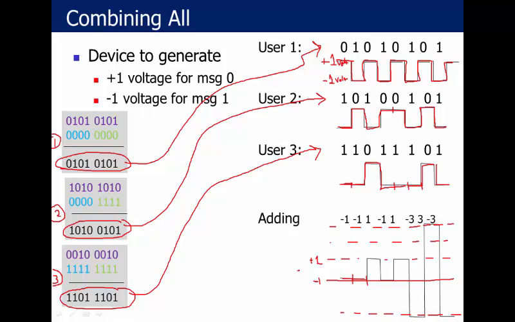So 0 is here. This is a 0 volt. So one below and one below, one up, so 1 volt, and negative 1, positive 1, and negative 3, and positive 3, and another negative 3.